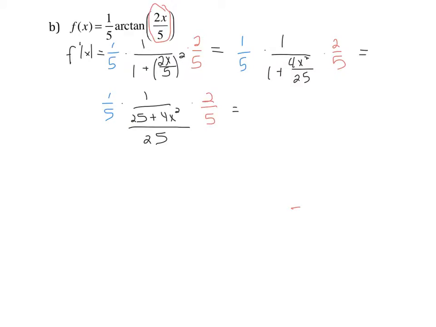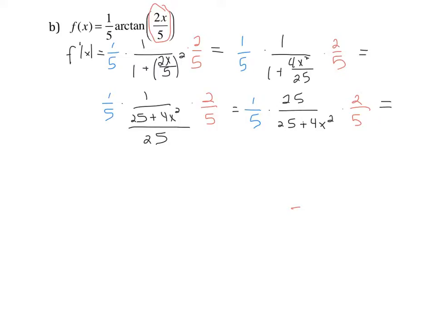Okay, and so now, instead of 1 over all of this business, we can just say the reciprocal of it. So we'll have 1/5 times 25 over 25 plus 4x squared, that's a plus sign, and then times our 2/5 from chain rule. Alrighty, and then some things are going to cancel.